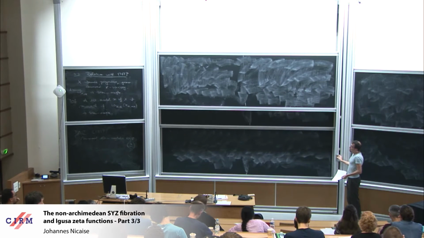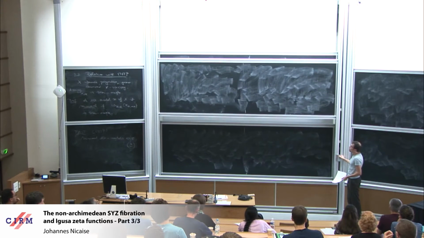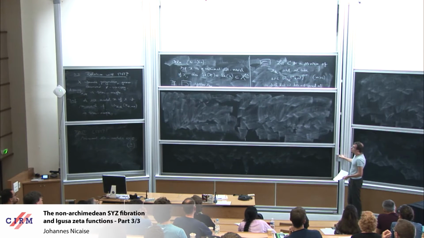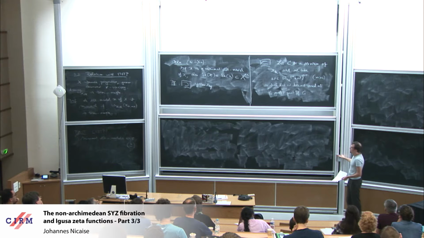And then we can consider the weight function attached to this particular choice of pluricanonical form. And this weight function will tell us that the face corresponding to C is part of the essential skeleton.